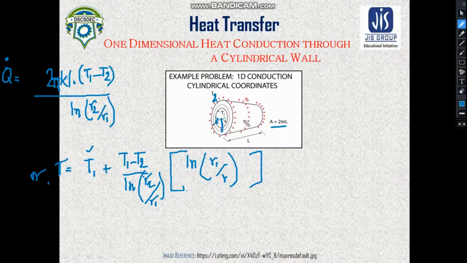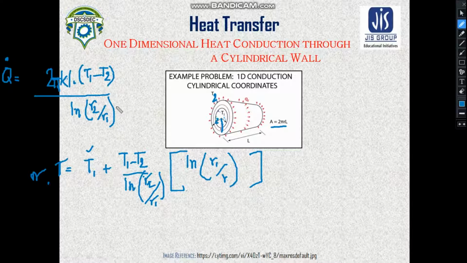Because of the temperature T1 at the inner radius and the temperature T2 at the outer radius, the heat transfer rate which is taking place can be calculated by this formula. So it doesn't depend on the radius. This is an important observation here.